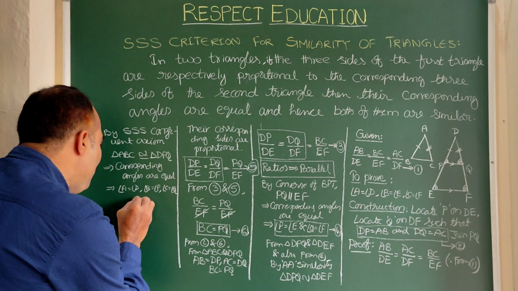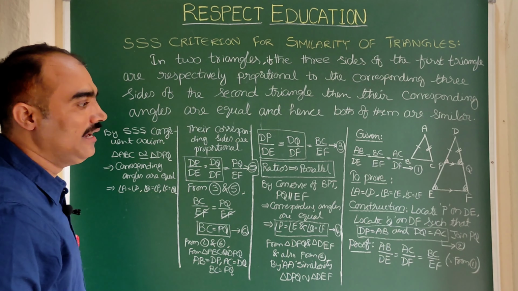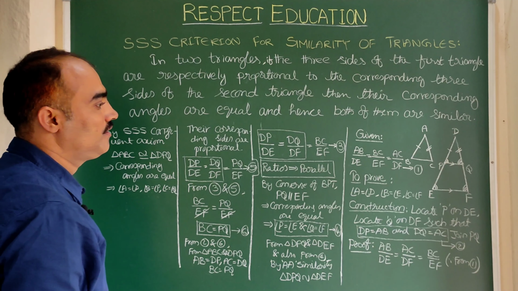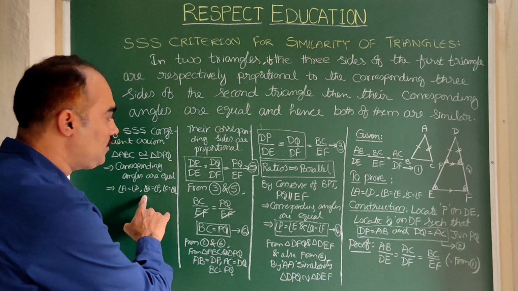Whereas angle B equal to angle P can be written as follows. Here you compare: angle B equal to angle P. At the same time, angle P is equal to angle E. So from equation 4, angle P can be replaced with angle E. So here we can write angle B is equal to angle E. Also angle C is equal to angle Q here, but already angle Q is angle F from equation 4.